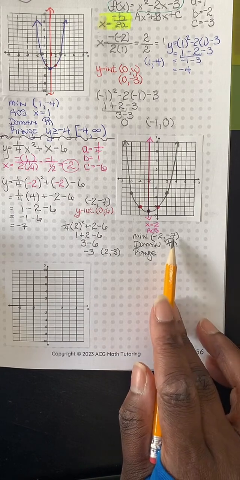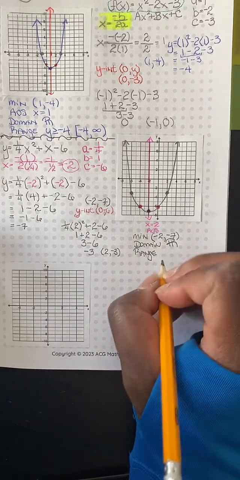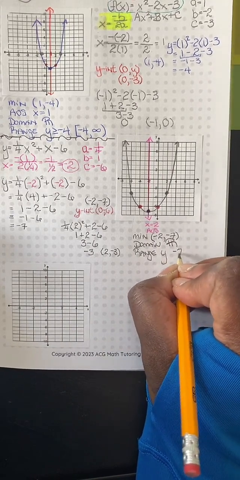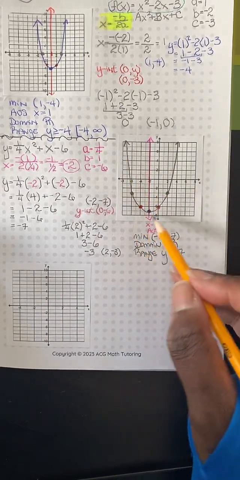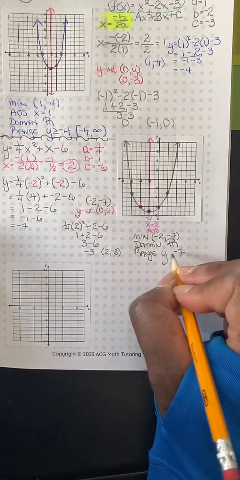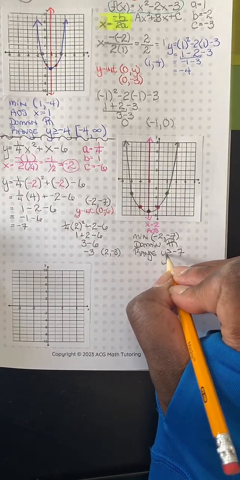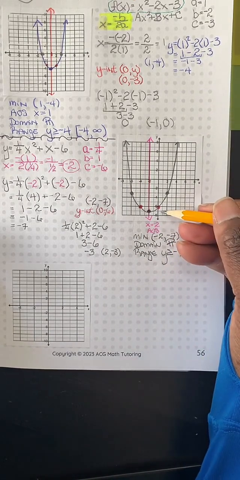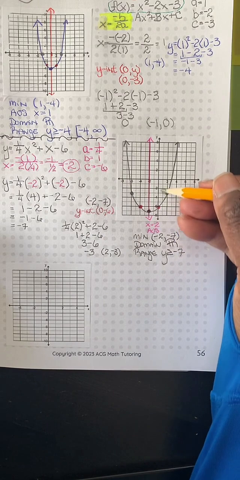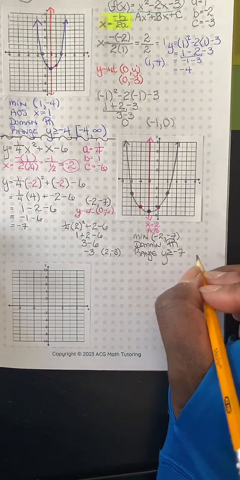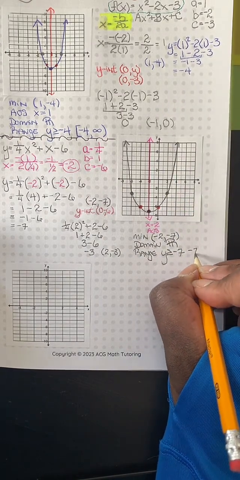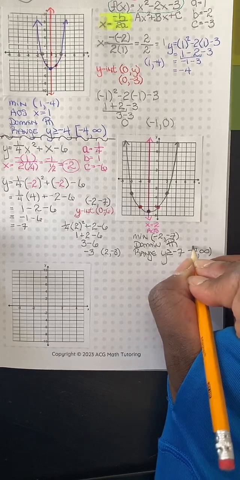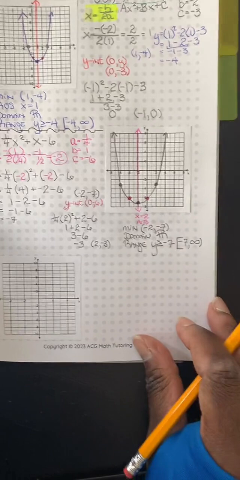And also use the y. So since it's opening up like a cup, it's going to be greater than and equal to. Since -7 is the lowest of the y's, because everything is going up, that means you'll have -7, comma, positive infinity, and there is a bracket around it.